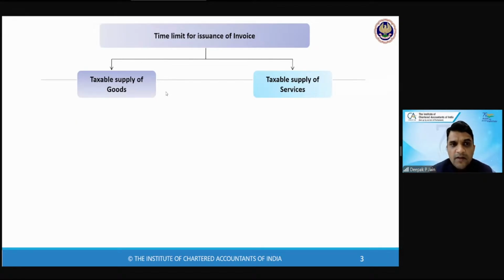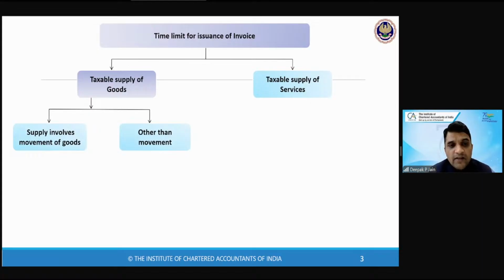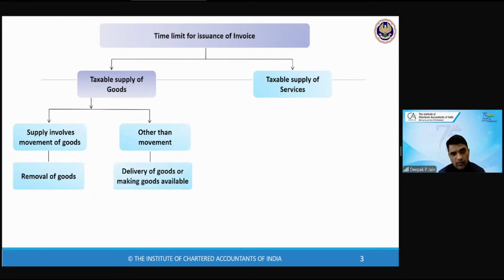For taxable supply of goods, where the supply involves movement of goods, it is before removal. If the supply does not involve movement, it is at the time of delivery of the goods or making the goods available.